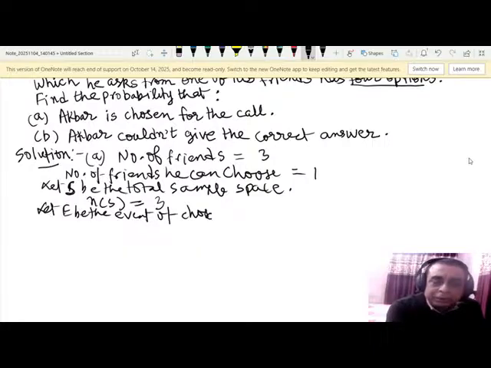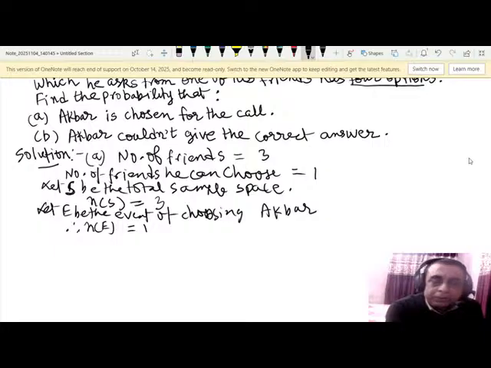Let E be the event of choosing Akbar. We are asked, what is the probability that he chooses Akbar? We denote that event by E. In how many ways can he choose Akbar? Only one way.